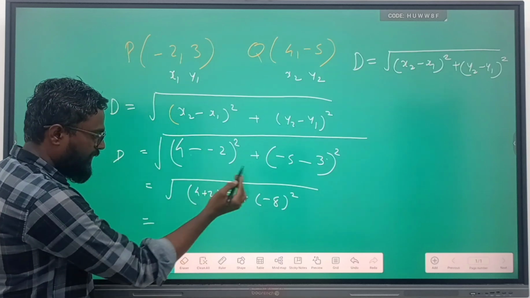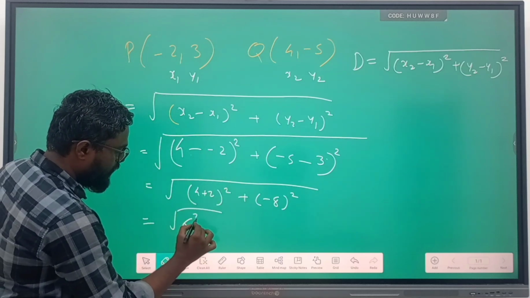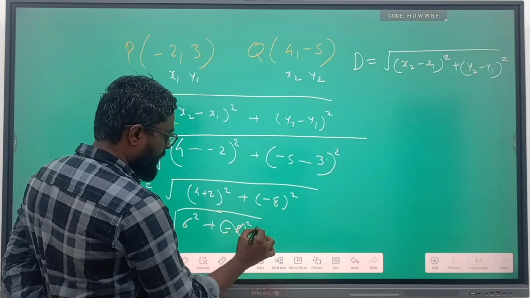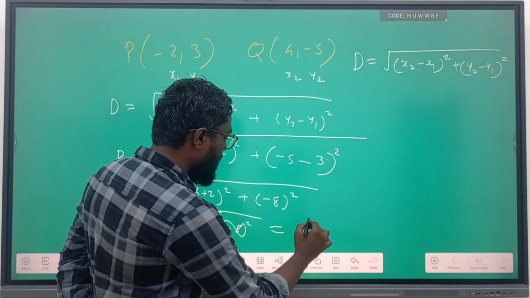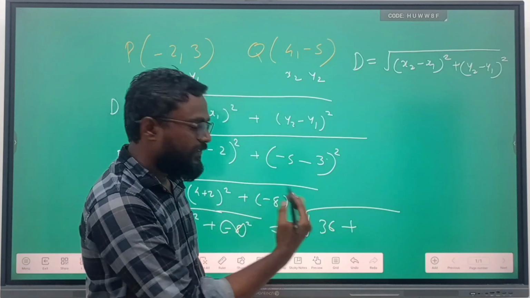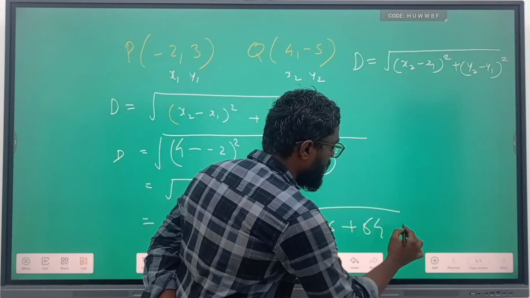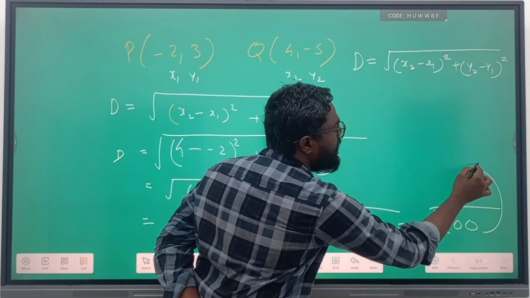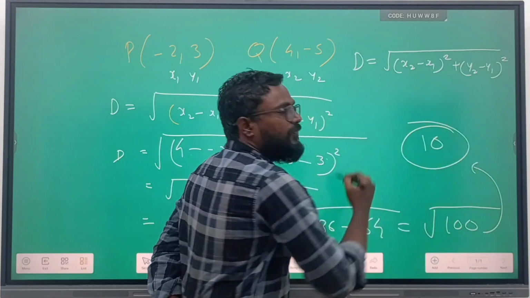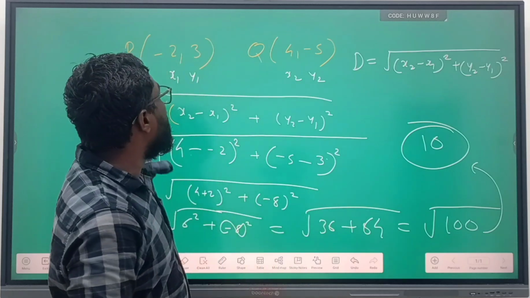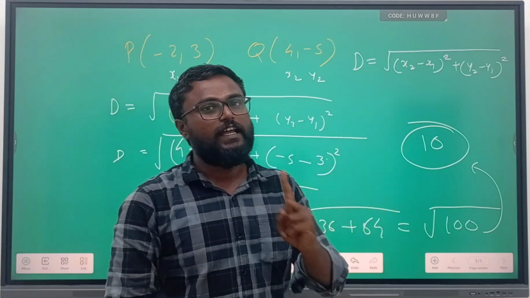We have 6 squared plus negative 8 squared. What will we get in the end? 36 plus 64. In all, we get root of 100, which is 10. So the distance between the two points P and Q is 10 units.